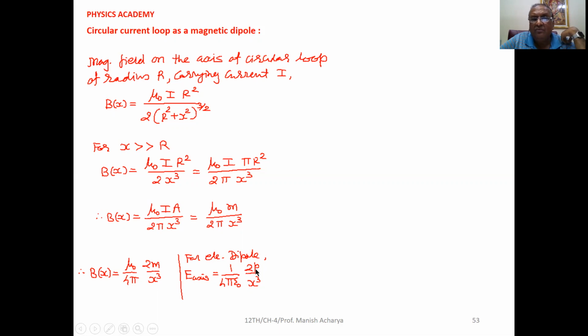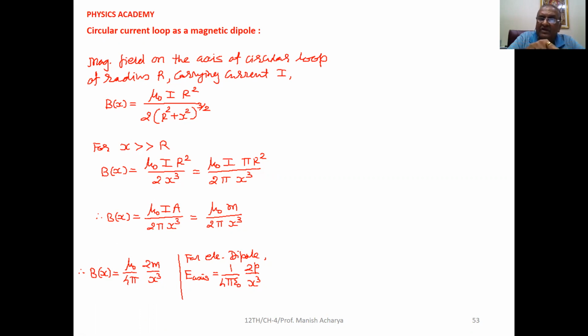P is the dipole moment, here m is the dipole moment, and the constant in electrostatics is 1 upon 4 pi epsilon 0, and in magnetics it is mu 0 upon 4 pi. Okay, so if we consider the circular current loop as a magnetic dipole, then we can write the equation of the magnetic field at any point on its axis, that is this one.